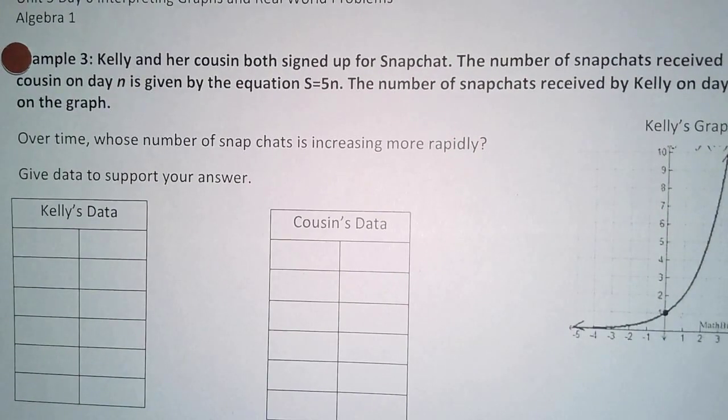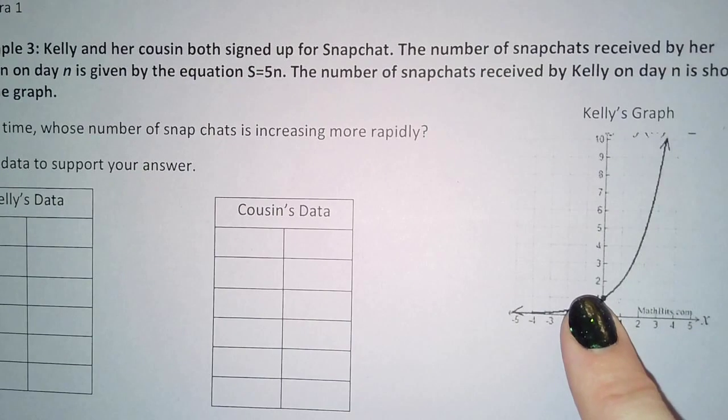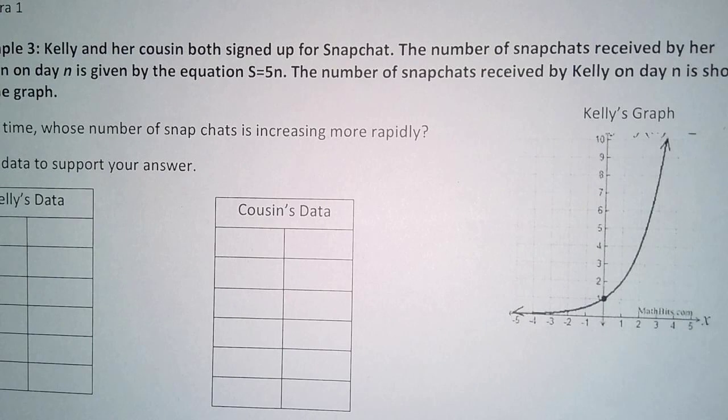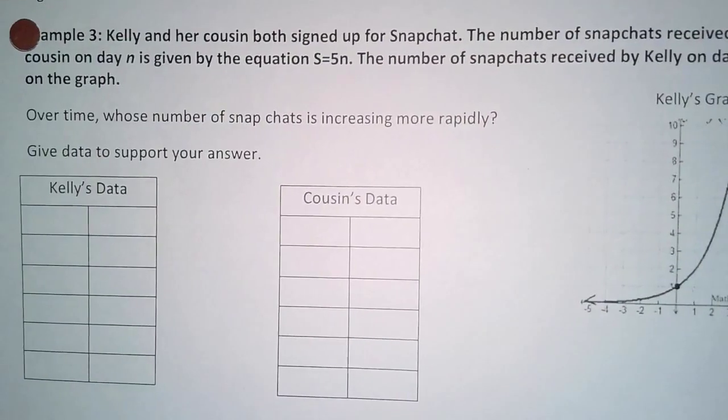The number of Snapchats received by the cousin on day N is given by the equation S equals 5N. The number of Snapchats received by Kelly on day N is shown on the graph. Over time, whose number of Snapchats increases more rapidly? Give data to support your answer.